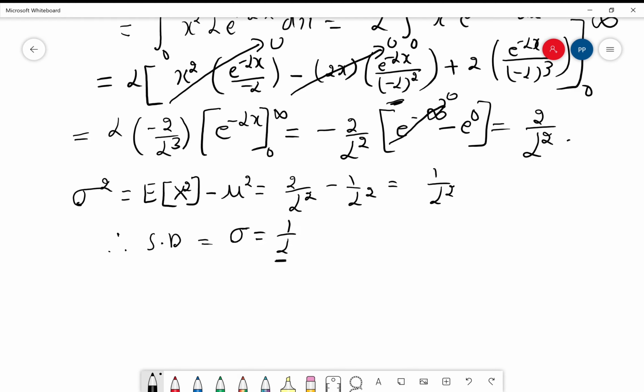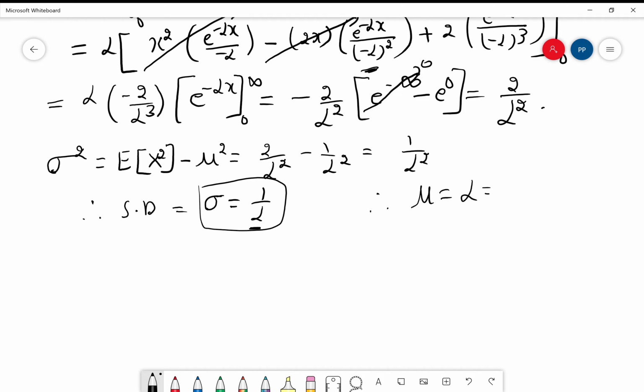Now, let us go back. Look at the mean that we have got, which is 1 by alpha. And this sigma also we have got as 1 by alpha. Therefore, we can say that for an exponential distribution, mean and standard deviation are the same.